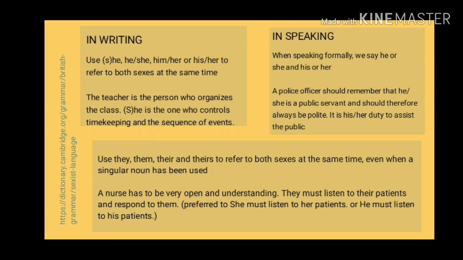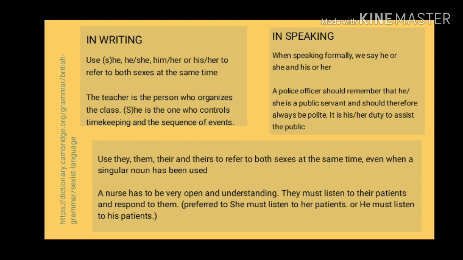Like in the example, the teacher is the person who organizes the class, and when we are writing, we put (s) in brackets after he, or we can also use she/he. And in speaking, when we are speaking formally, we can say "he or she" or "his or her".